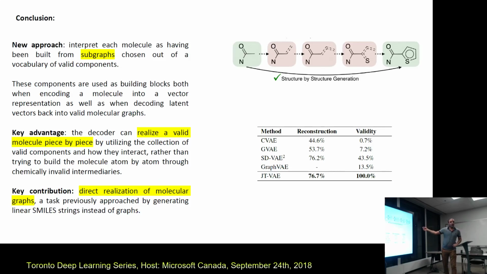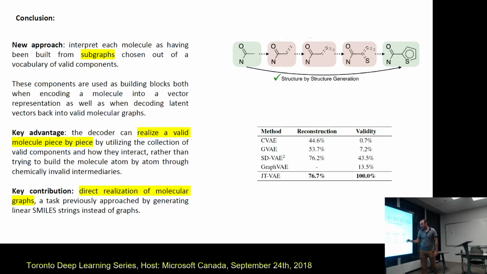Now I'm going to conclude with this, but they have done a lot more work, but it's out of the scope of this presentation. They have actually done a lot of experiments. They got very good results when it comes to the validity of the results. They actually got 100% validity of their structures. And when it comes to reconstruction of the structures, they got 76.7.